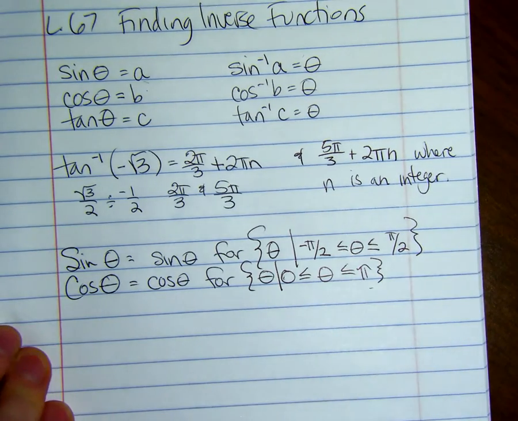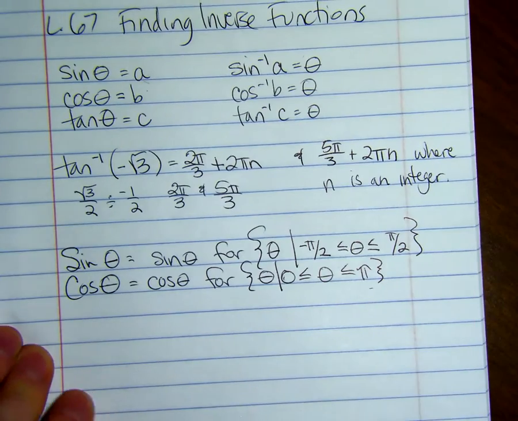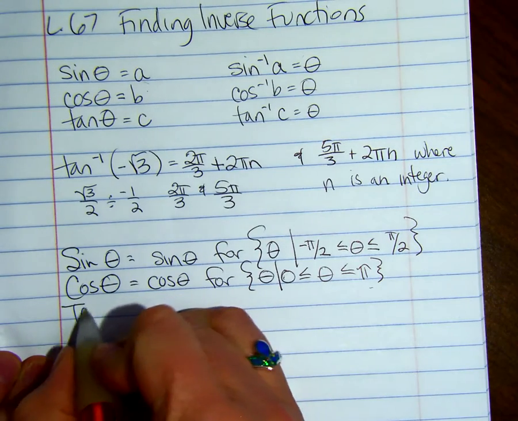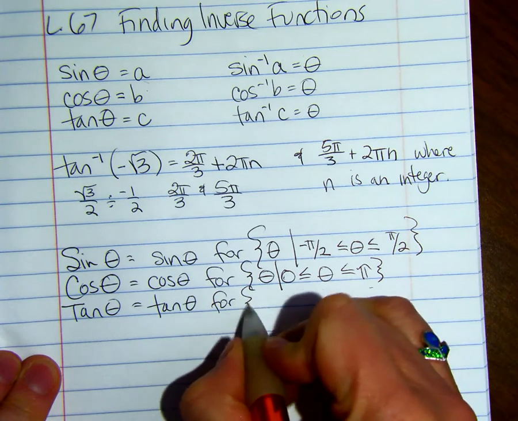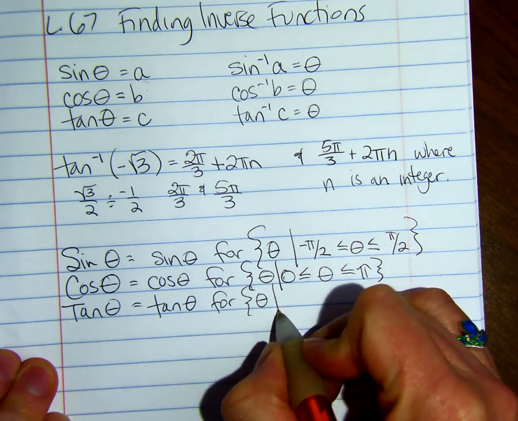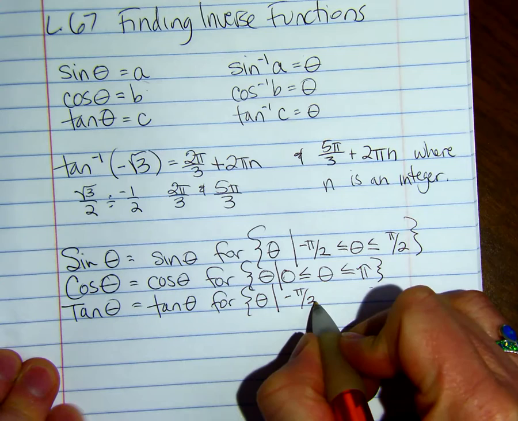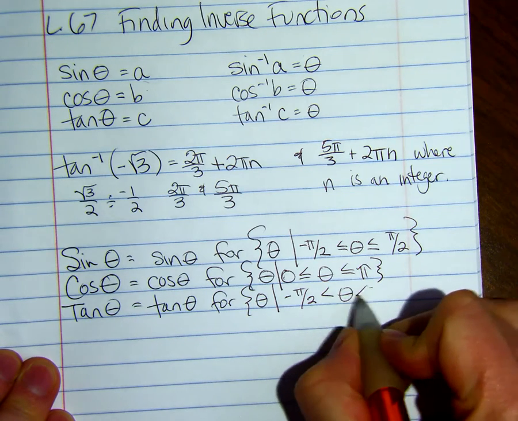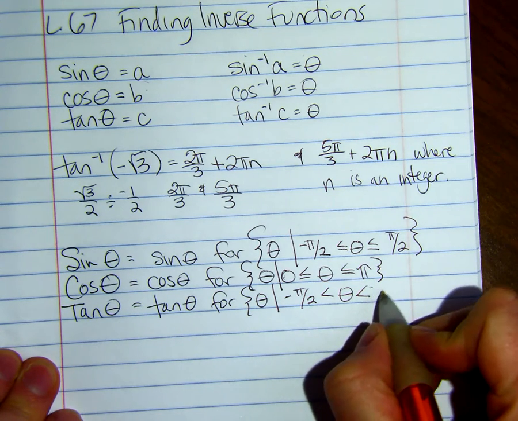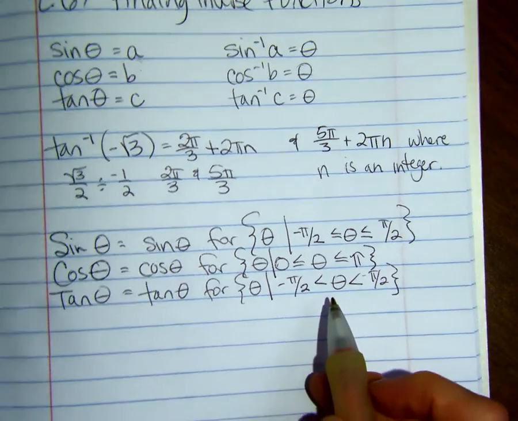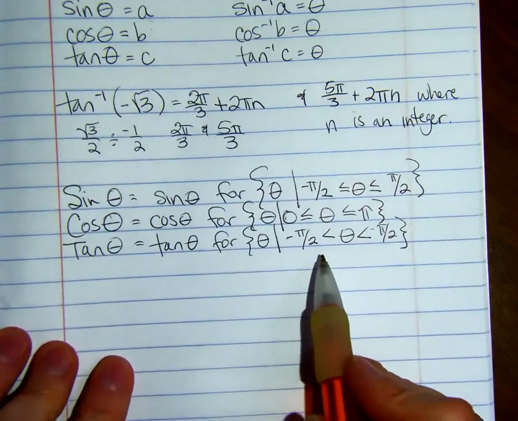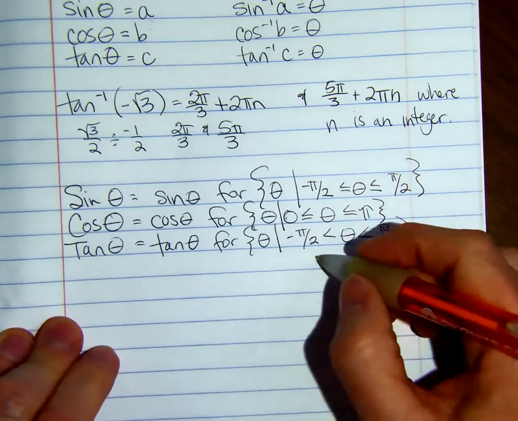And the tangent of theta is tangent for theta such that theta is between negative pi halves and pi halves, strictly less than. So you can't do or equal to because then you're dividing by a 0 and you can't do that.